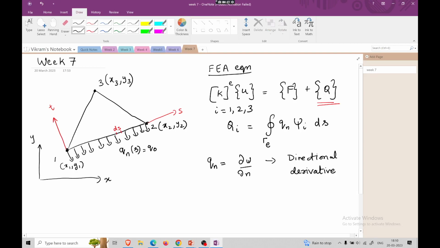Here the Qn is already given for us, so it doesn't matter. When we see further examples, we will know how to evolve Qn.